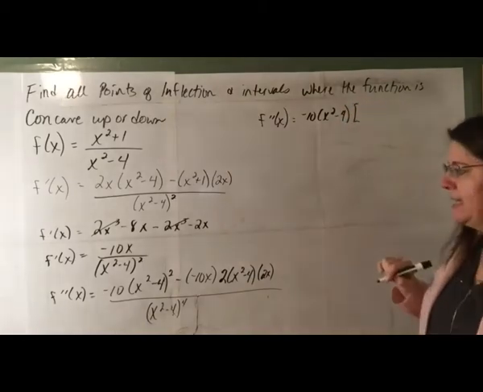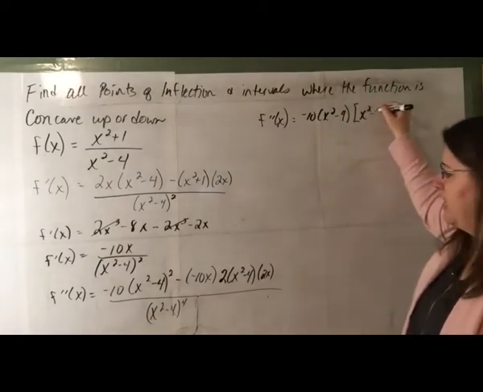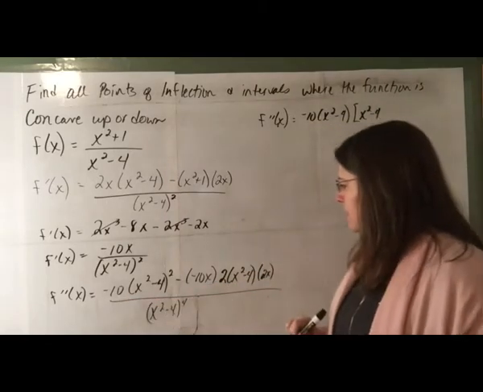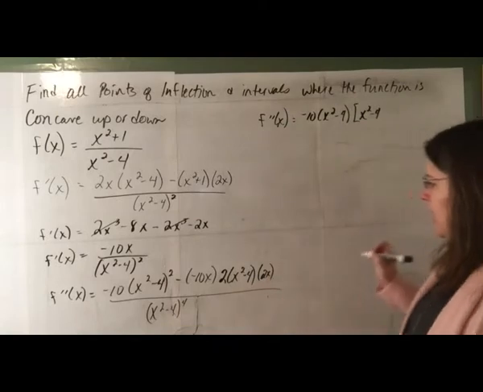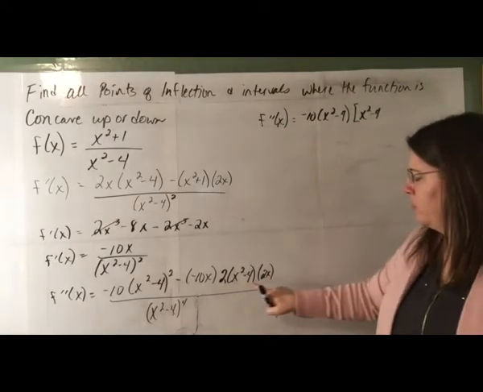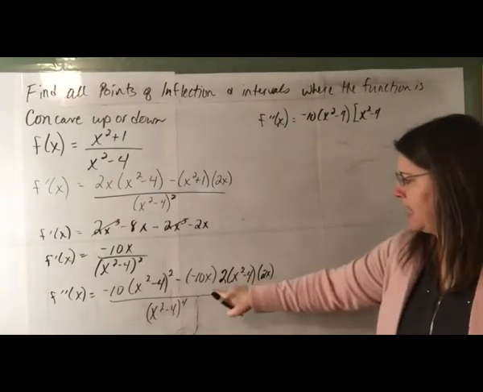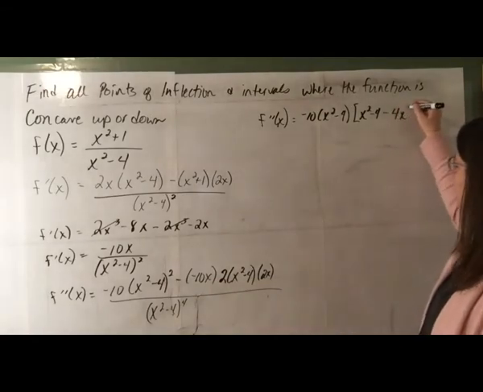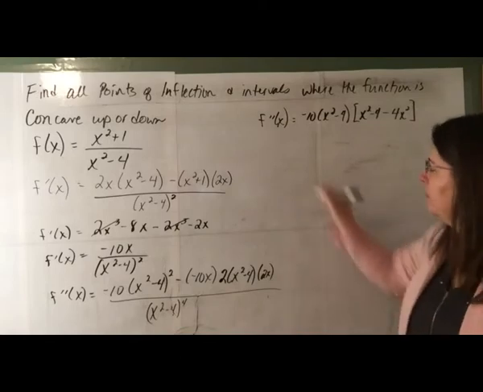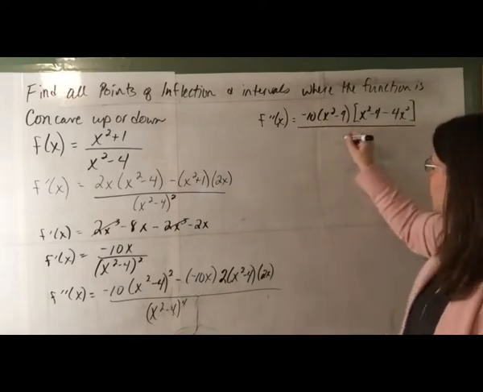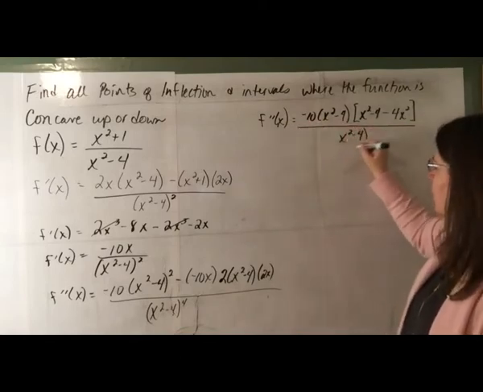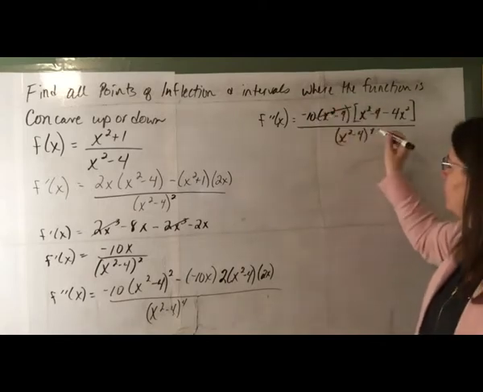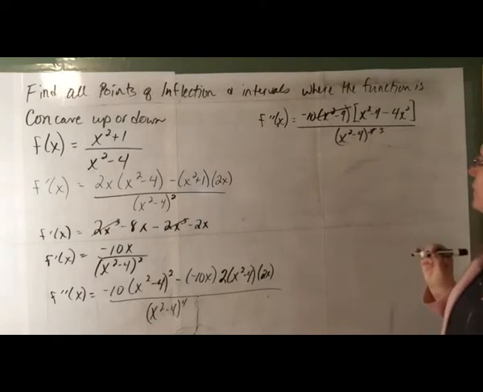So when I do that, I have an x squared minus 4 left for this term, and then here I have 4x times x, so a 4x squared, and that's still all over x squared minus 4 to the fourth, which means this will cancel with one of these, leaving me with a cube there.